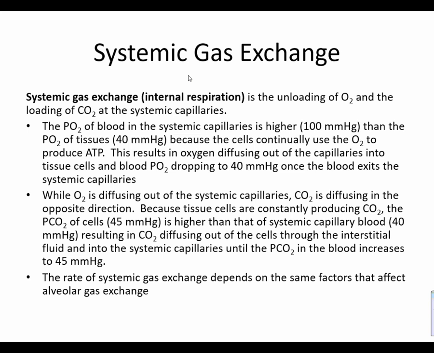Now this is also related to pressure gradients. The partial pressure of oxygen in our systemic capillaries is higher, 100 millimeters of mercury, than the PO2 of tissues, only 40. 100 is greater than 40, so that's going to promote the moving of O2 from our blood into our tissues. Why does our PO2 of tissue stay low?